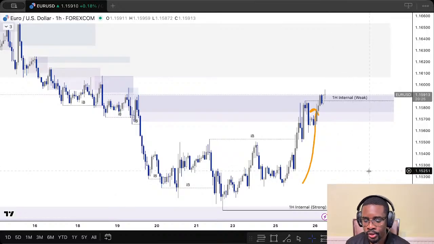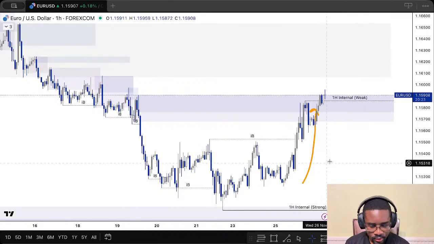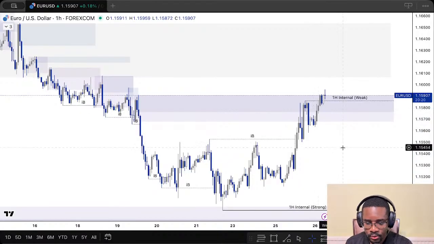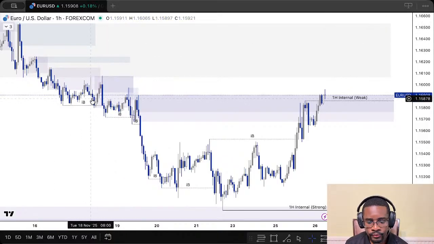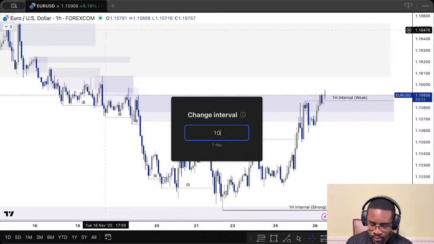Price has shifted bullish. So, looking ahead for today, let's go back to the daily.